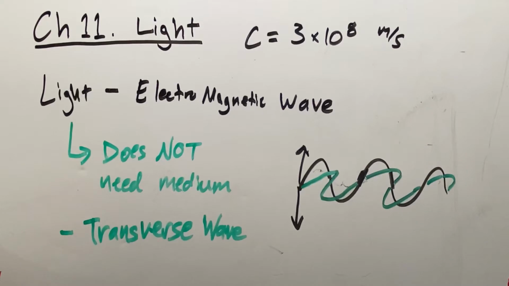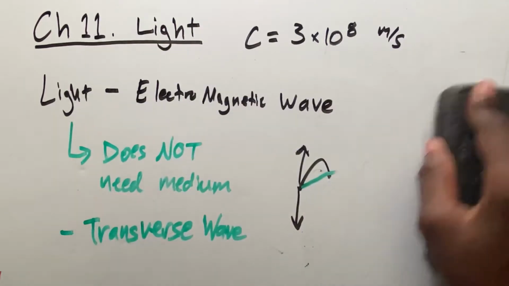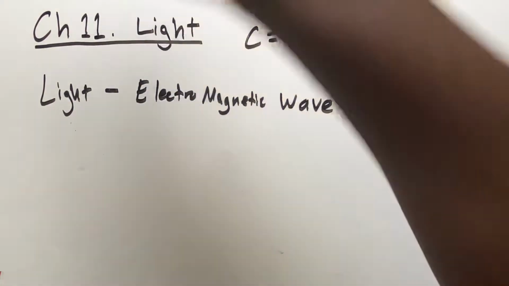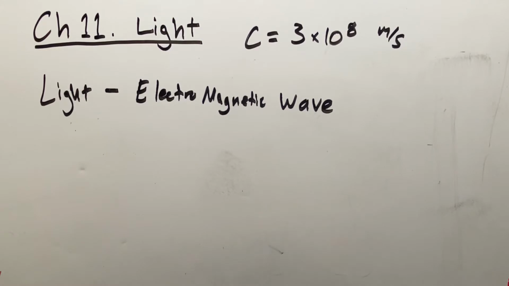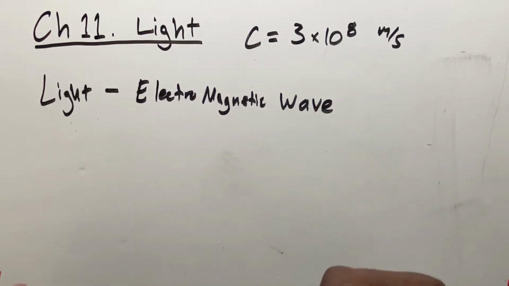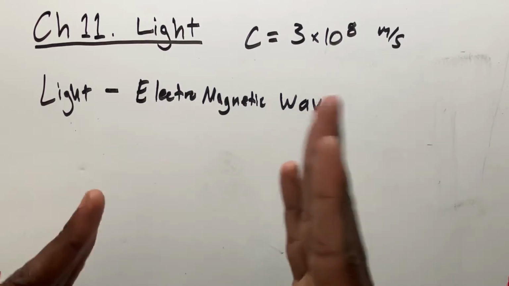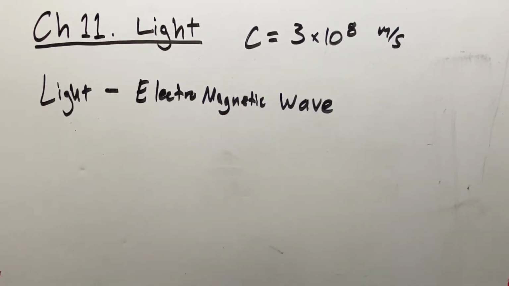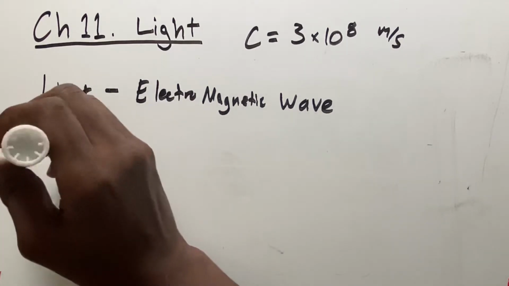Okay. So now, let's talk about the electromagnetic spectrum. So, basically light has a whole spectrum of wavelengths and frequencies. The different wavelengths and frequencies of light are what we call the electromagnetic spectrum.